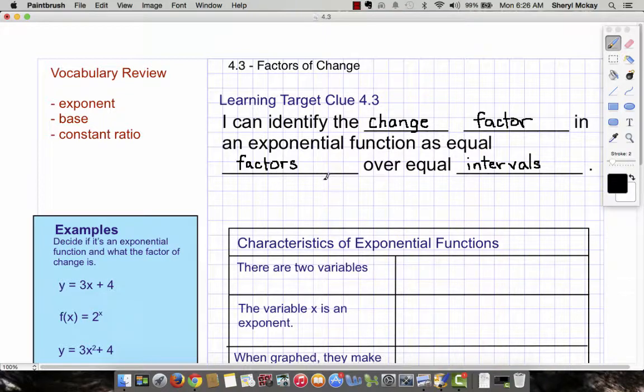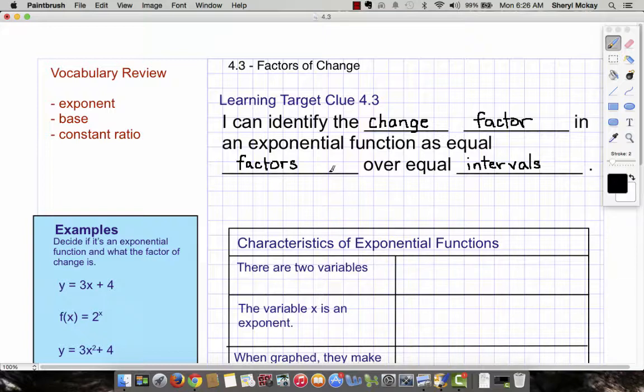You could look at it and see that y changed. So now we're going to be talking about how, as our intervals change in the x, our y values are going to increase by factors, meaning we're going to be multiplying by something, all right?